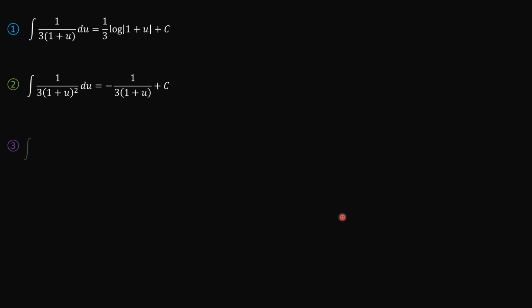The third integral is a little bit complicated because, as it appears, it is a natural logarithm integral, but we first of all need to reorganize the numerator such that it's the derivative of the denominator. So we multiply by a half.